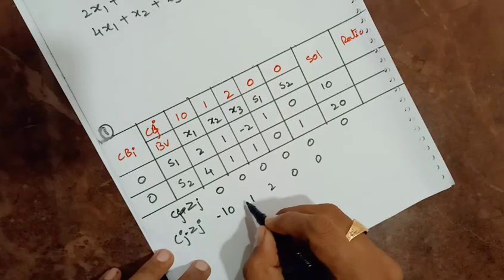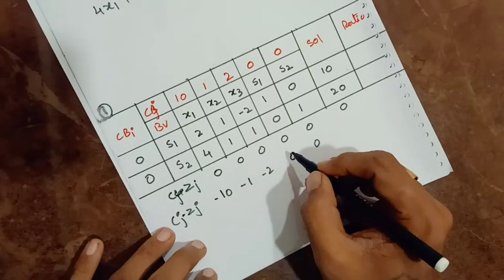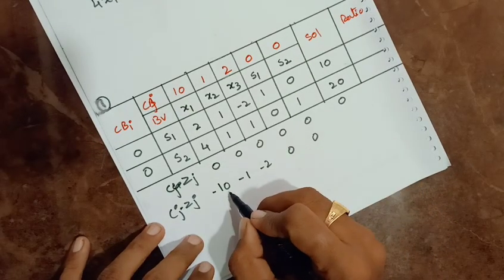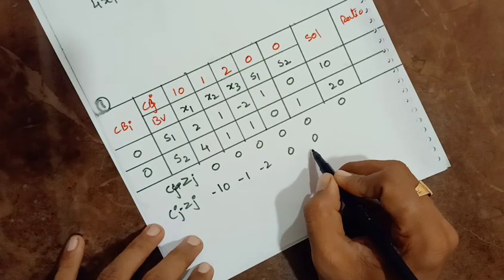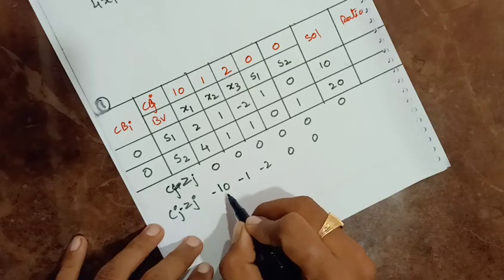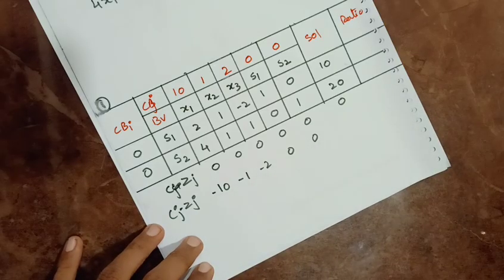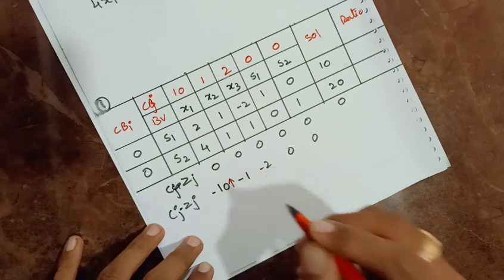So I am placing it here. So now, if we observe the maximum value in the Cj minus Zj row, the maximum value is identified in this particular column.